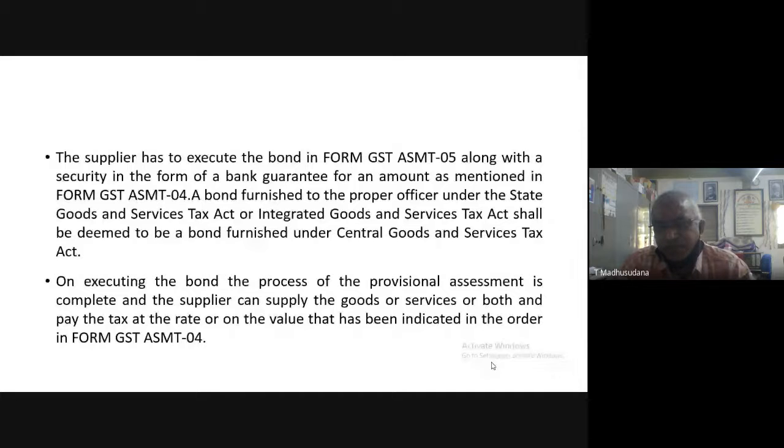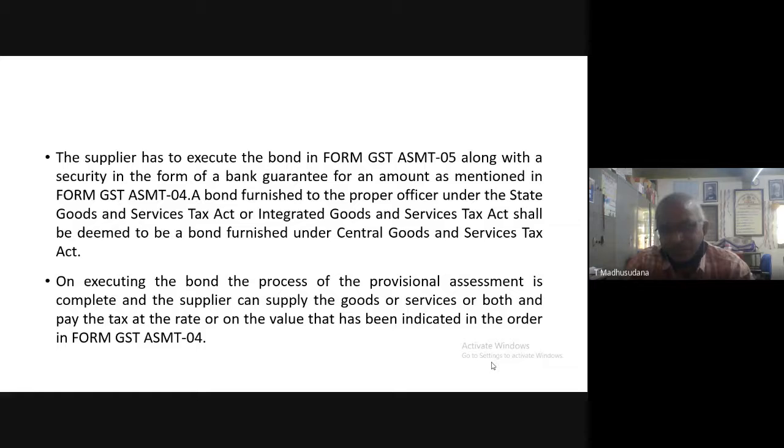A bond furnished to the proper officer under the State Goods and Services Tax Act or Integrated Goods and Services Tax Act shall be deemed to be a bond furnished under the Central Goods and Services Tax Act.